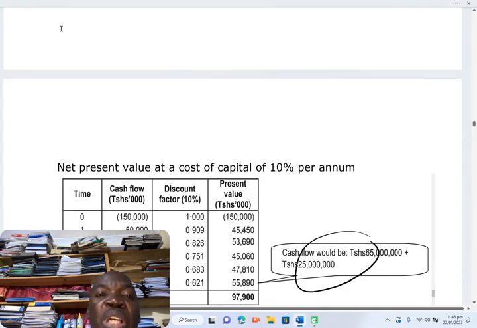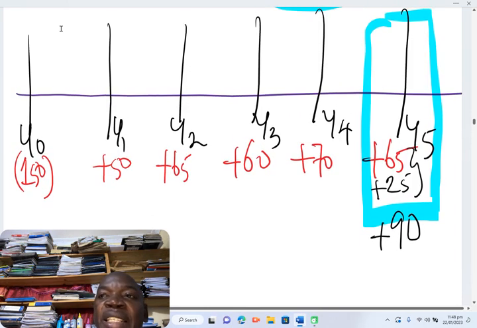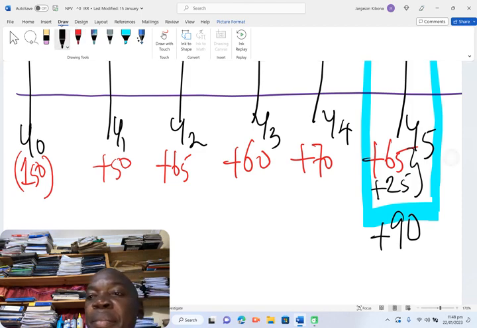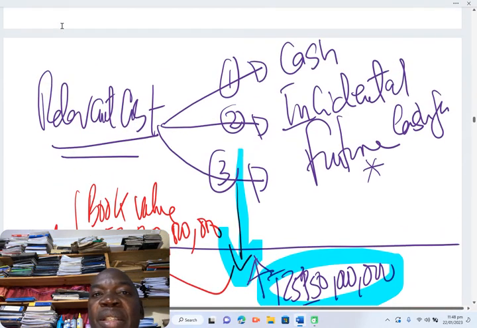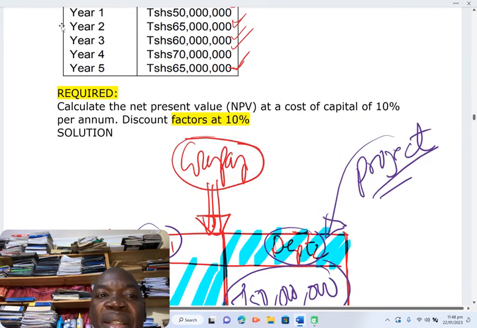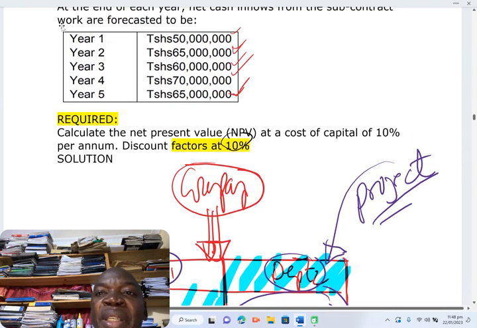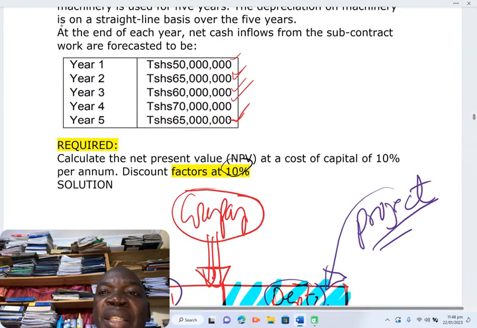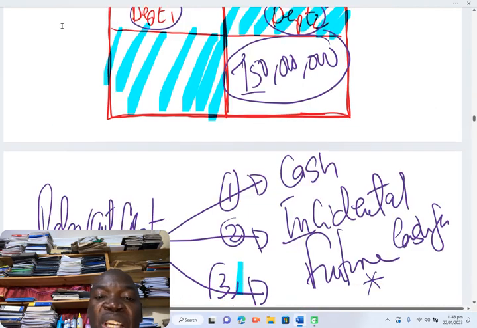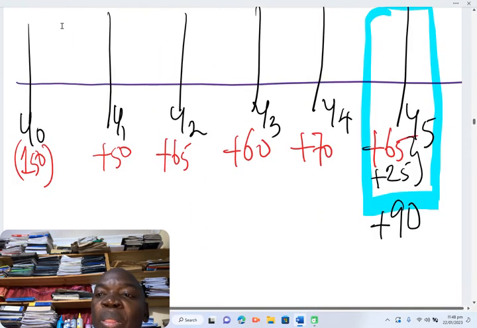So you should go now to the cash flow discount factors. The rate is 10%. So it's easy to go for this one here. You can compute 1 divided by 1.1, so that you get all those numbers easily.